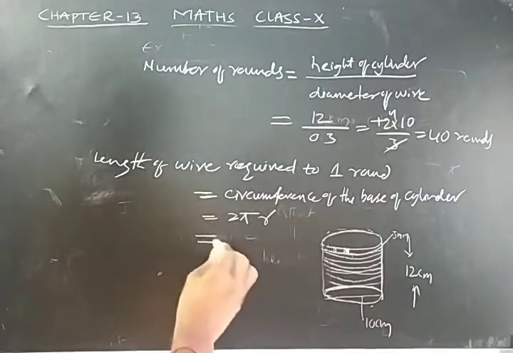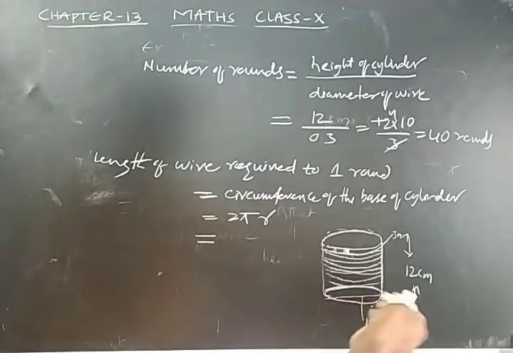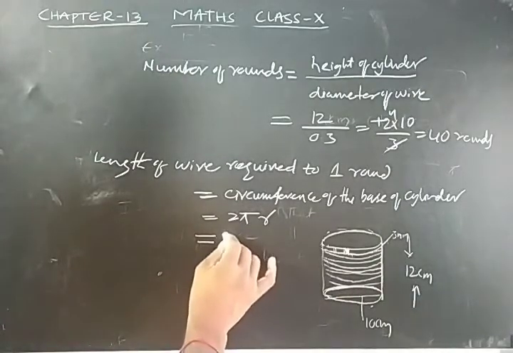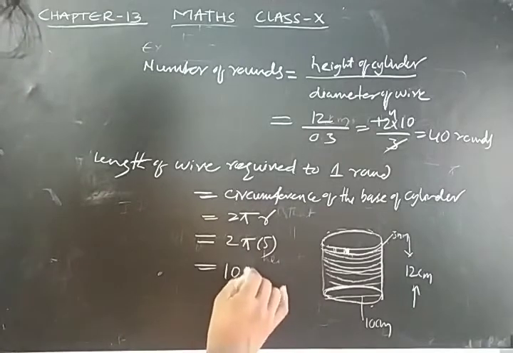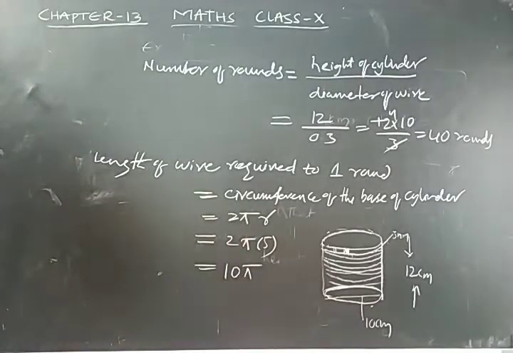r is given. What is r? We have the diameter; r is 5 centimeters. So 2 into pi into 5, that is equal to 10 pi. Right? 10 pi is the length of wire for one round. Now the length of wire in 40 rounds.